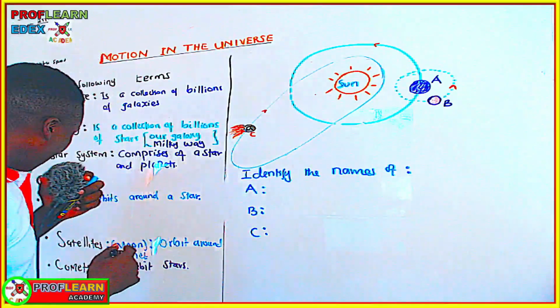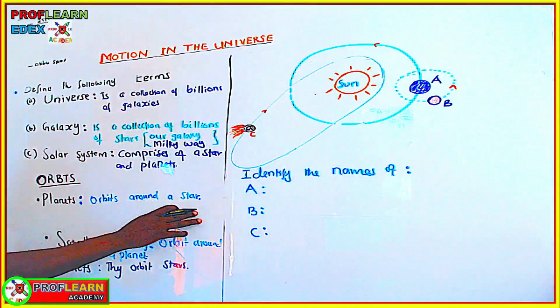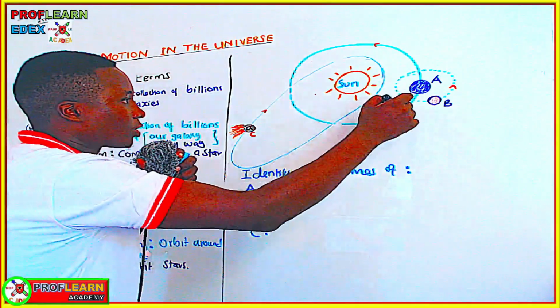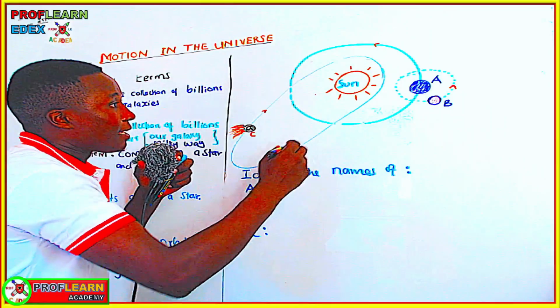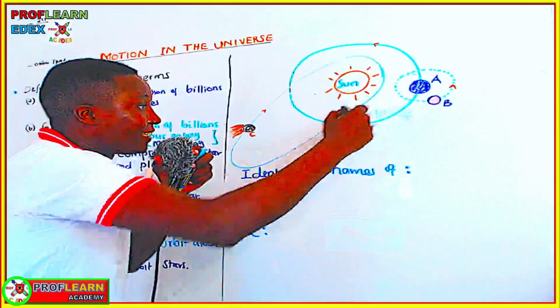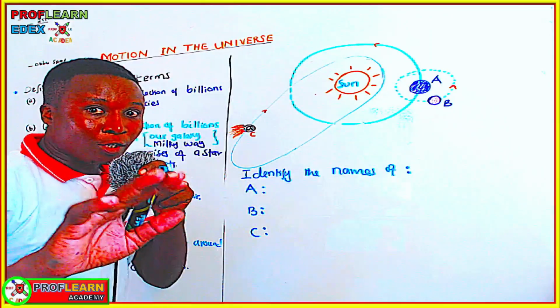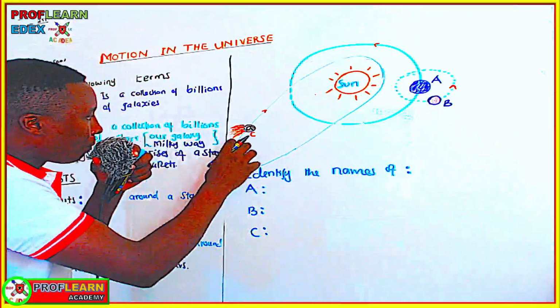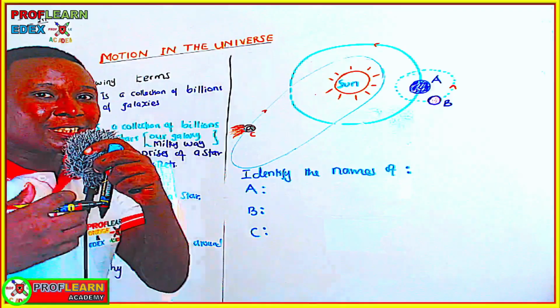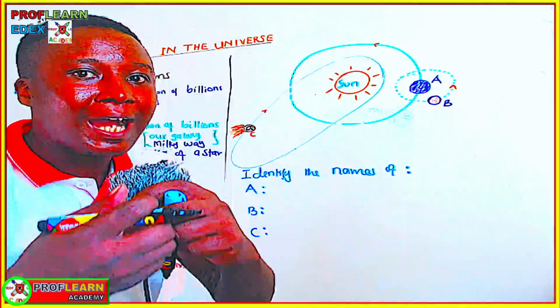Number one, we have said the planets orbit around a star. So this one will only be a planet because the orbit is elliptical. The orbit of a planet is elliptical, but the orbit of a comet is very elliptical and elongated.